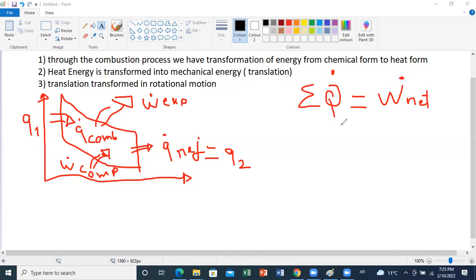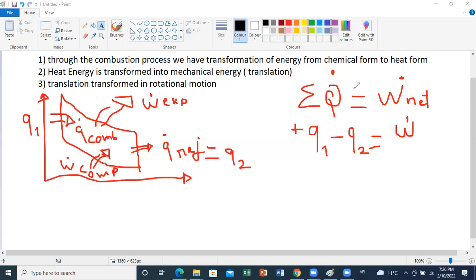Okay, so now if I do the balance of heat, I have plus Q1 minus Q2 equals W dot. Whenever you use this equation, which is the convention you are considering? The convention for heat: everything coming in is plus, everything getting out is negative.